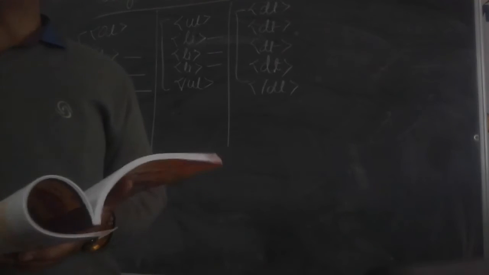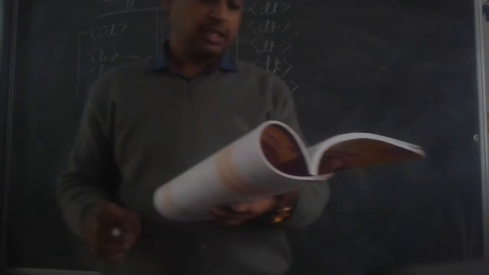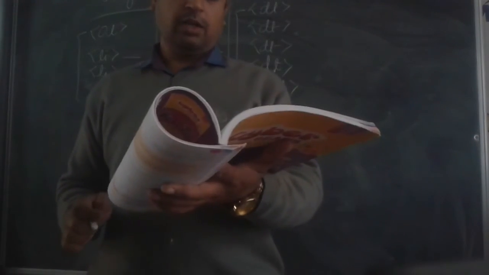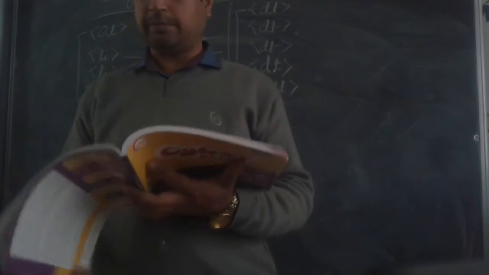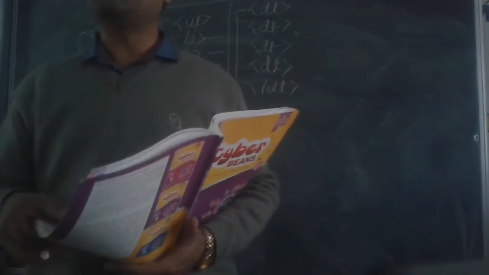Means the values which we are giving, that value will come with DT, and definition data, DD, helps to describe each term or name. DT is the term defined, that will define each term. Now it will be more clear with the help of this example, with the help of this program.